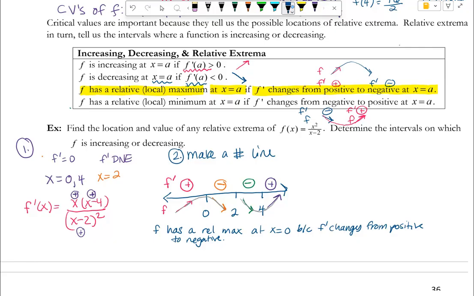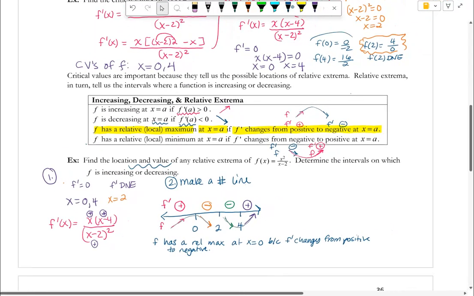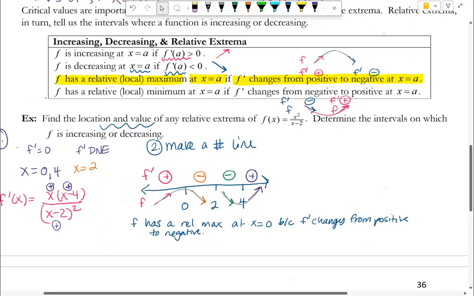So notice I said f has a relative max at 0, not that the relative max of f is 0. Because remember, x equals 0 is the location, but we were also asked to find the value. So we need to know f of 0, and we actually did this up in this top example. We plugged in 0 to f, and we got 0 over negative 2.